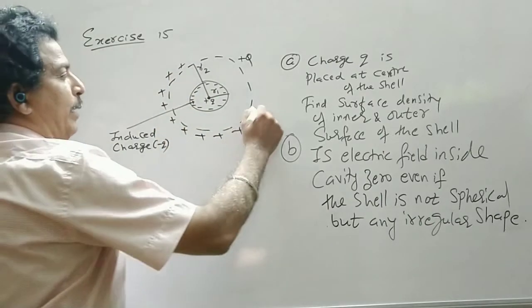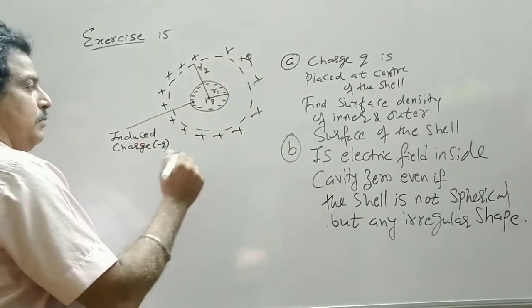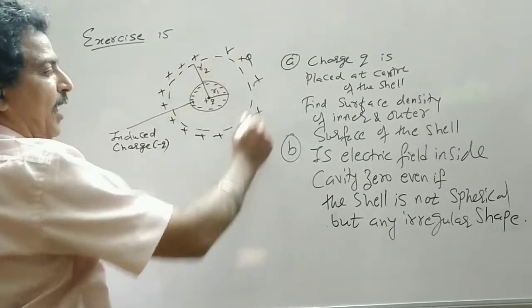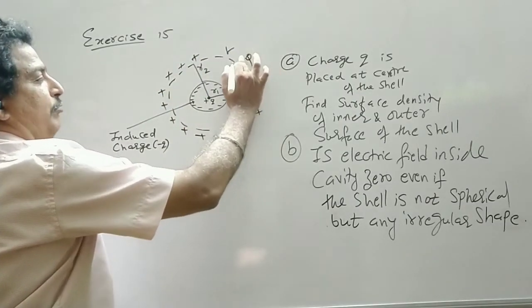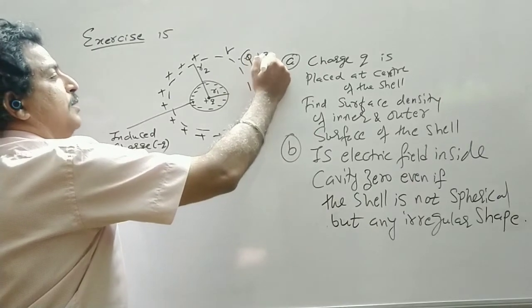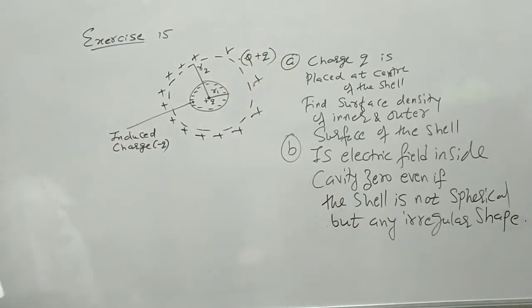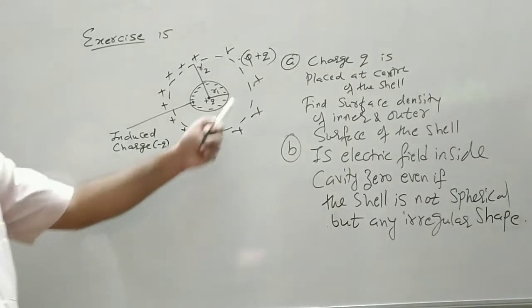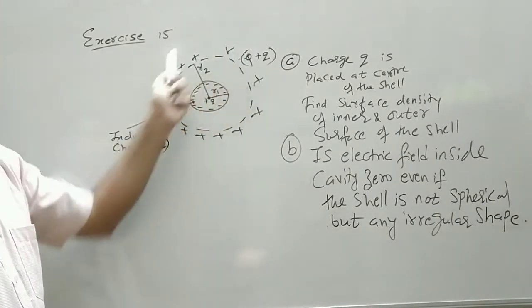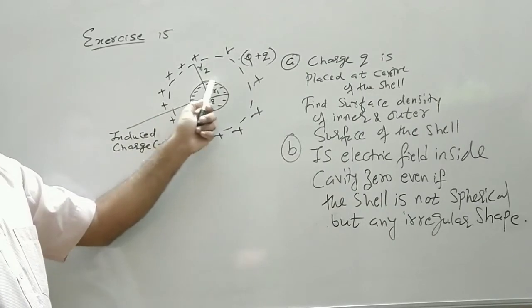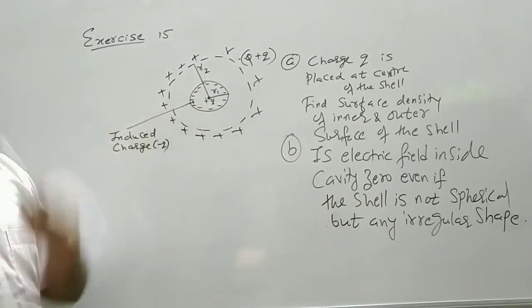So the plus q amount of charge will increase on the outer surface. So this charge, which was Q, now becomes Q plus q. It means there is a deficiency of the electrons, or the negative charge which is induced on the inner sphere.